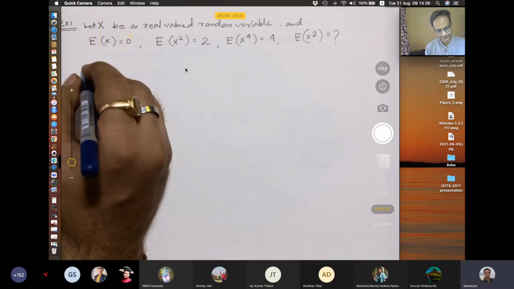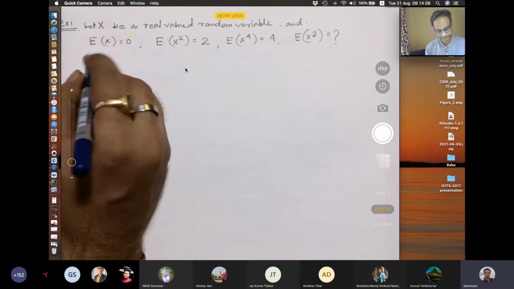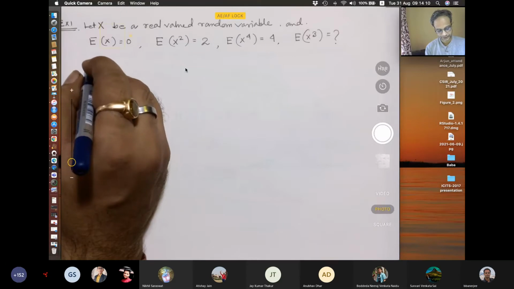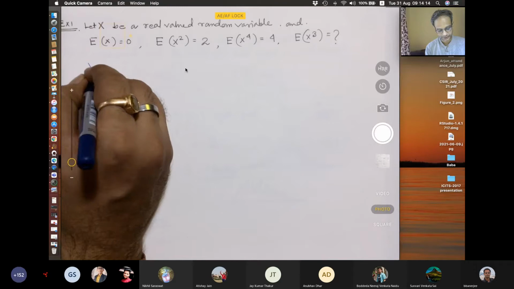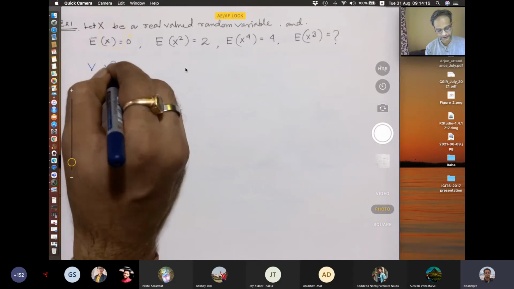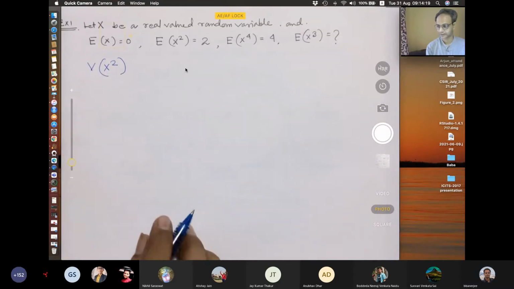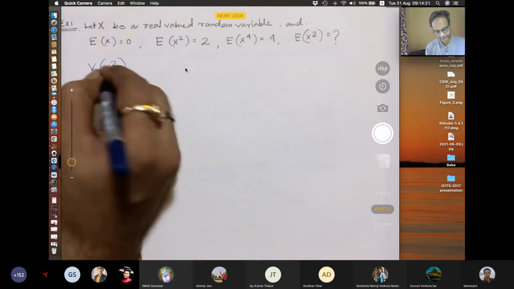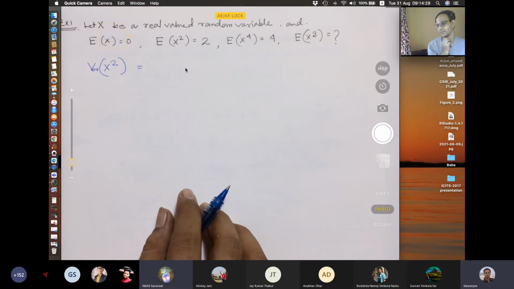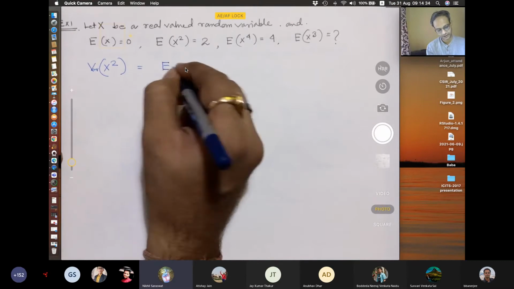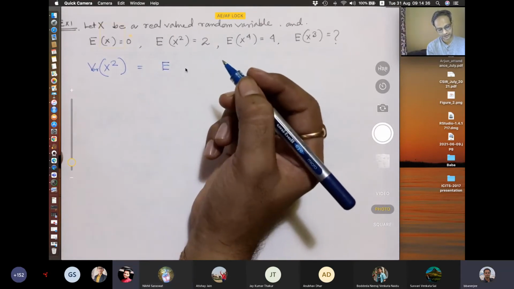So, if you consider this quantity, variance of X squared, what will it be? By definition, it is 1 upon n sigma of E of X power 4 minus E of X square, whole square.